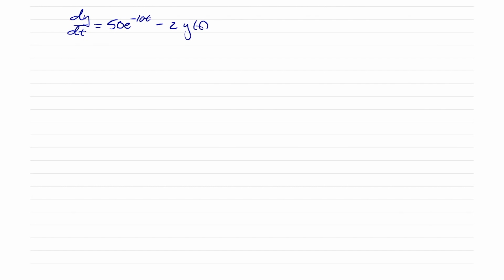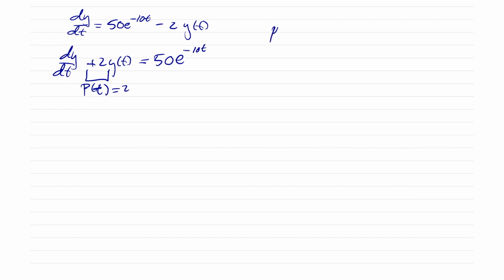Okay, so first thing we want to do is write it in that form where we have dy by dt plus 2y of t is equal to 50 times e to the minus 10t, right? So now we have our p of t in this case. So p of t is equal to 2.